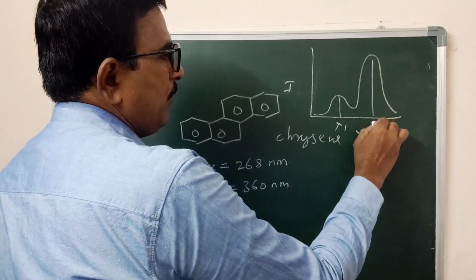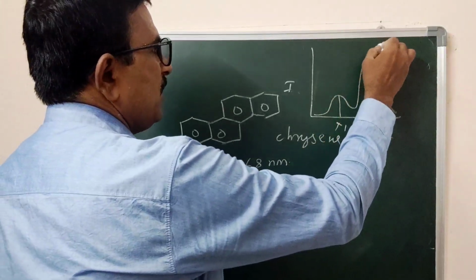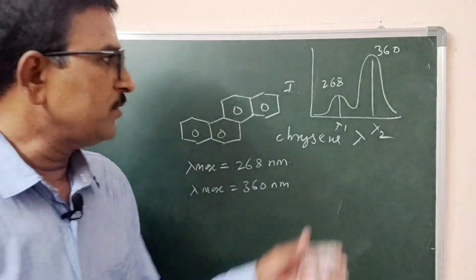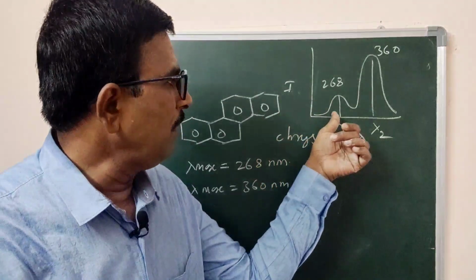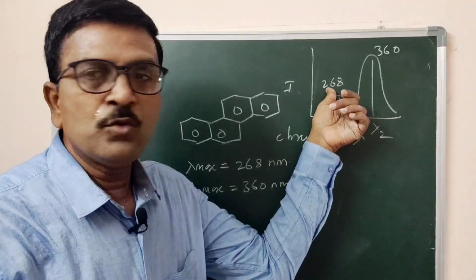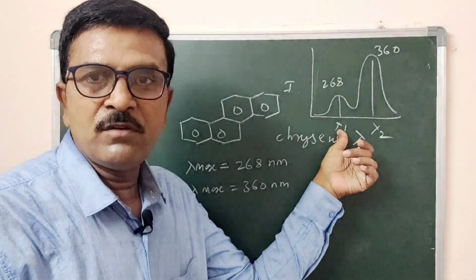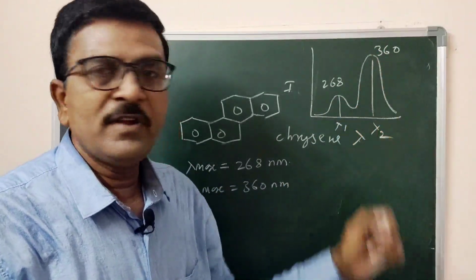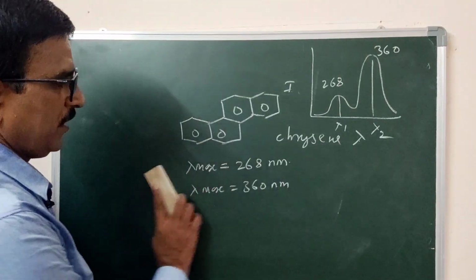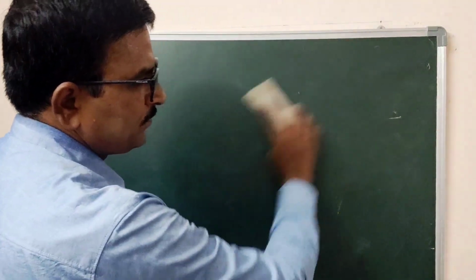Wavelength 1, wavelength 2. This is at 360 nanometers, this is at 268 nanometers. So this is the spectrum of the molecule, where at the lower wavelength, 268 nanometers, we can observe one band, and at 360 nanometers we can observe the secondary band. Another isomer, pyrene.